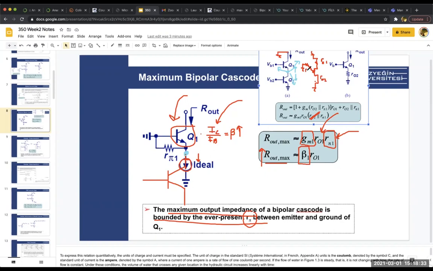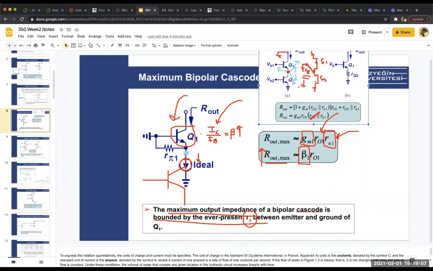So there is an r_pi here, an RO1, and an RO2. Which one would dominate the impedance? r_pi, right? Because it's the smallest one. So in other words, this node is not a really high impedance node. Due to r_pi, 1 over gm at some point, it's basically low impedance.